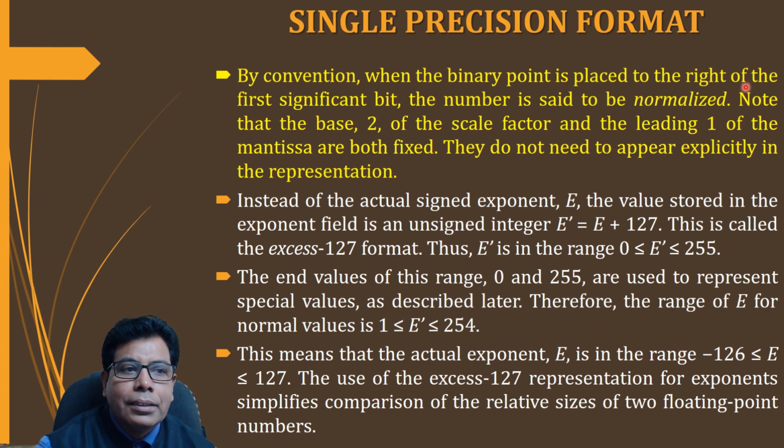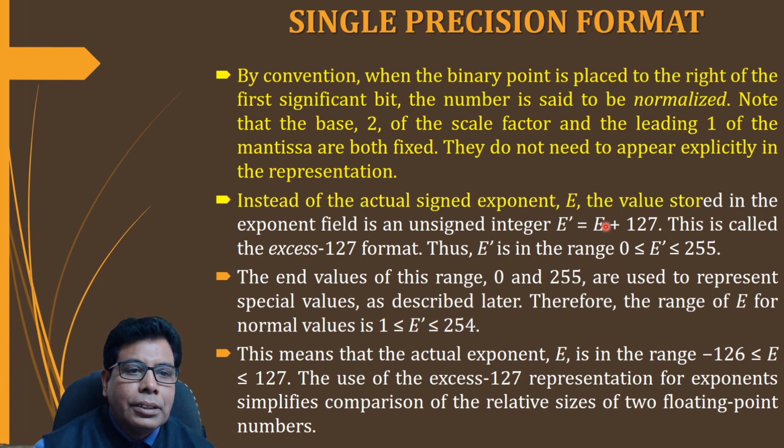And here the scale factor base will be always 2, and the leading one of the mantissa. The mantissa is 24 bits. Out of that, the first bit will be always 1. So it is fixed, and it need not appear in the representation.